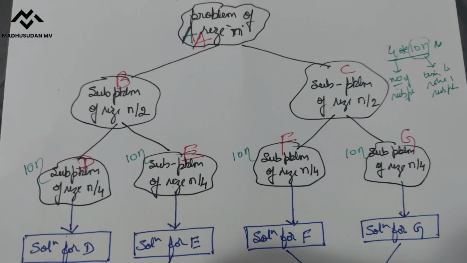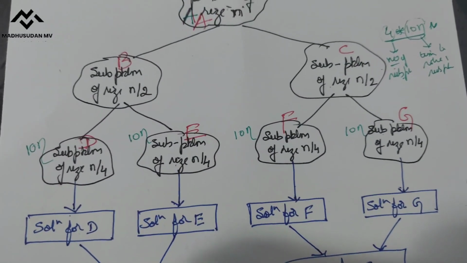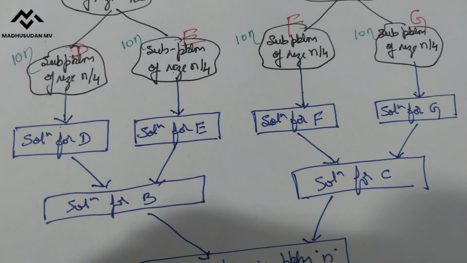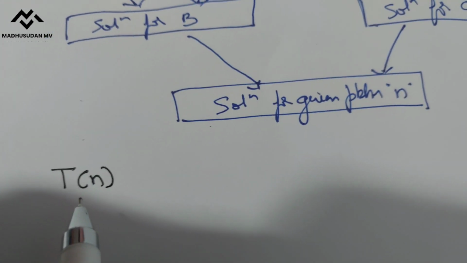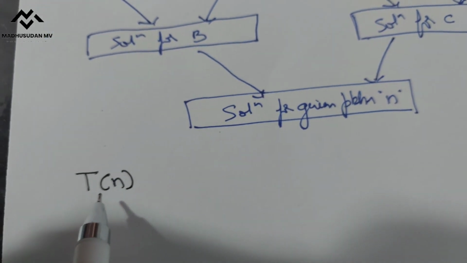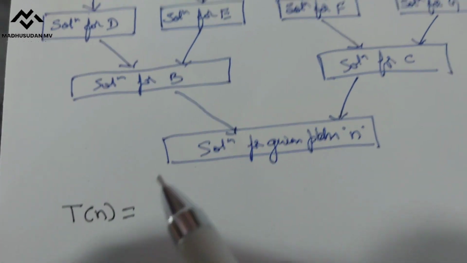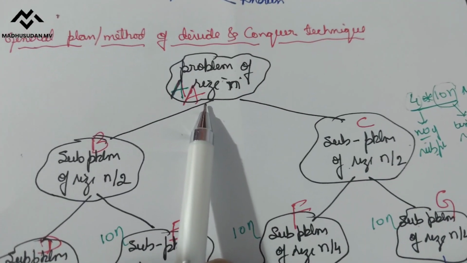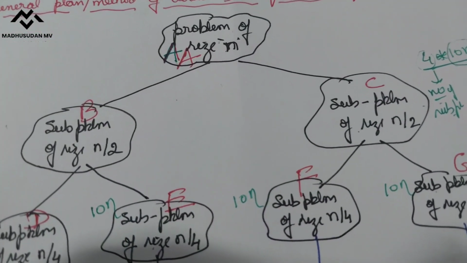Now in general we need to write the equation. We know that T of n indicates the time taken to solve the problem of size n, that is the time complexity of problem n. So what is the time taken by this problem? The time taken to solve each subproblem.